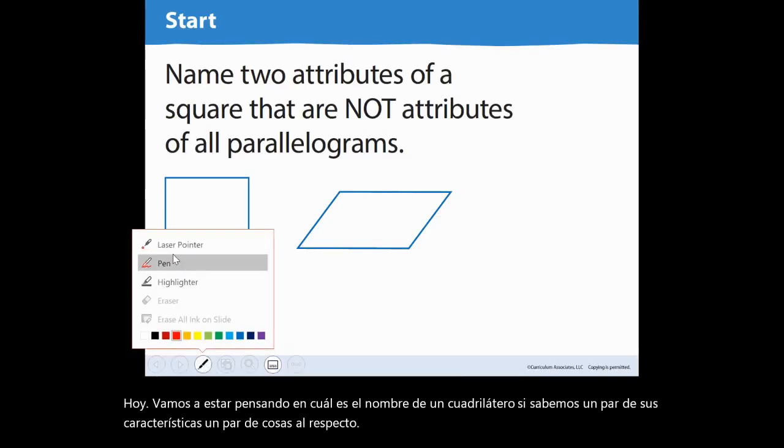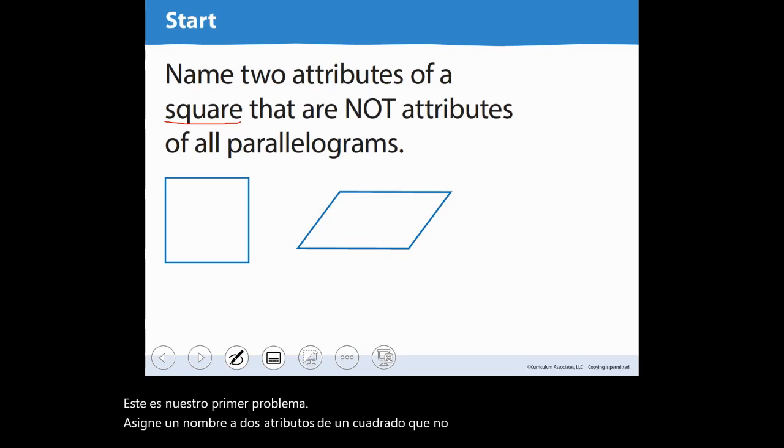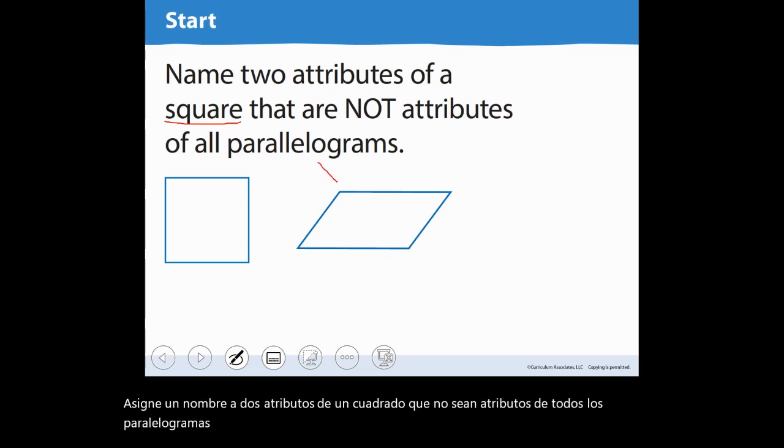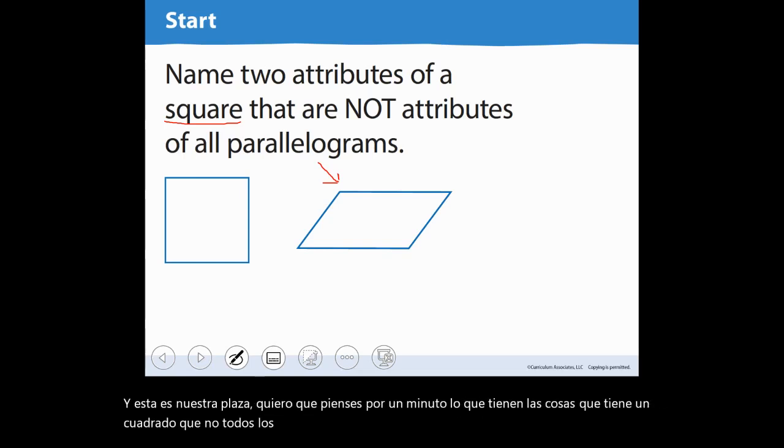Here's our first problem. Name two attributes of a square that are not attributes of all parallelograms. So this is a parallelogram right here, and this is our square. I want you to think for a minute, what things does a square have that not all parallelograms have? What makes a square different?